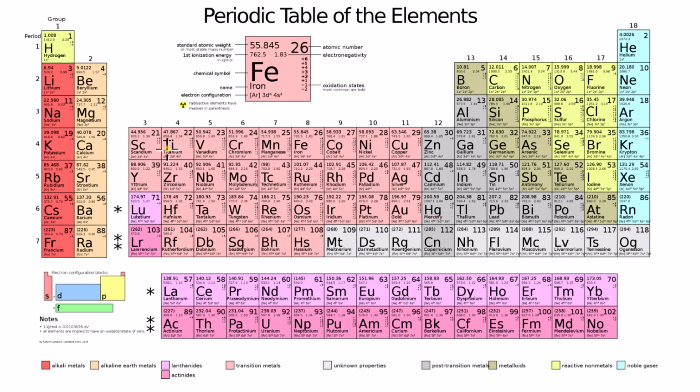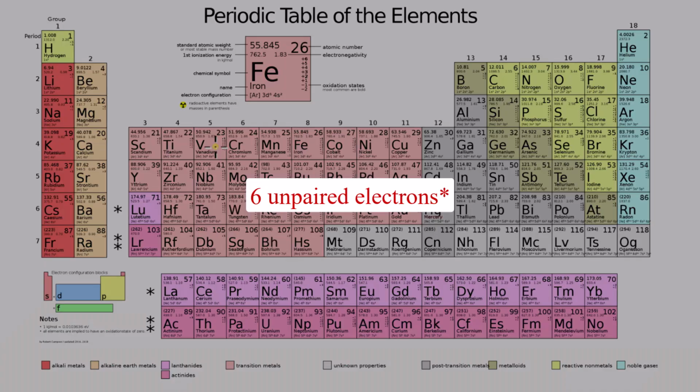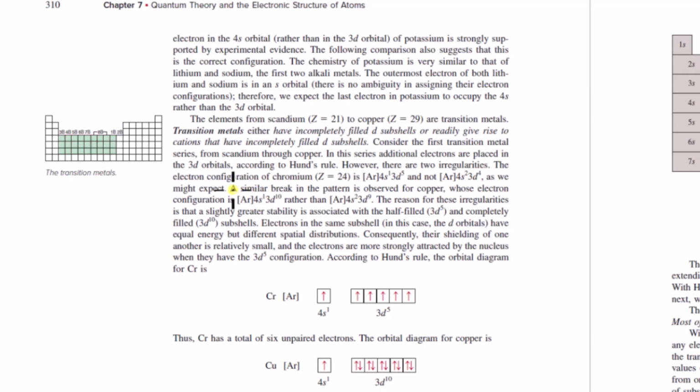So it goes 4s2, 3d1, 4s2, 3d2, 4s2, 3d3, and then instead of 4s2, 3d4, you do 4s1, 3d5 for chromium. And so you have these 7 unpaired electrons. Okay, and then after chromium, we go back to the normal pattern.